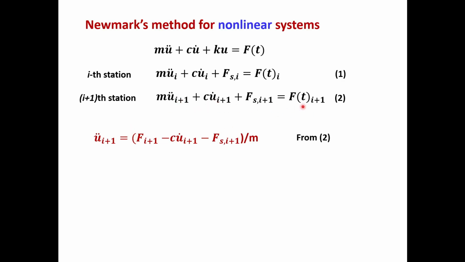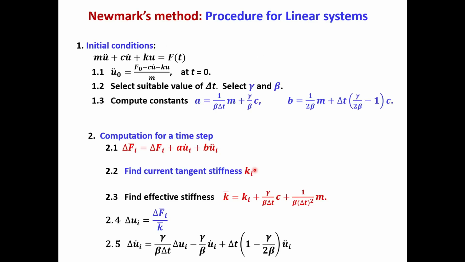So from this second equation, I can get this expression for ui plus 1 double dot, that is the acceleration in the new step. Acceleration in the new station is given by this expression, divided by m, from equation 2. This we shall be utilizing in the process.